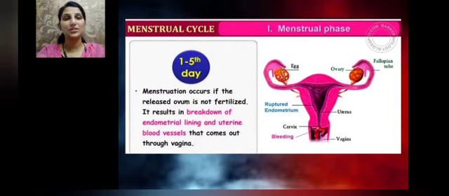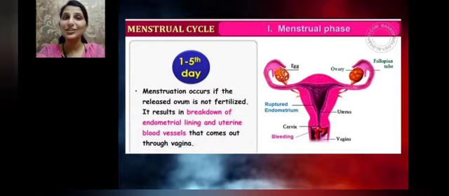Menstruation occurs when the released ovum does not undergo fertilization. So the menstrual phase occurs when fertilization of the ovum has not occurred. The uterus prepares itself by thickening its inner wall, that is the endometrium, with vascular blood vessels and mucus in order to receive the fertilized egg.